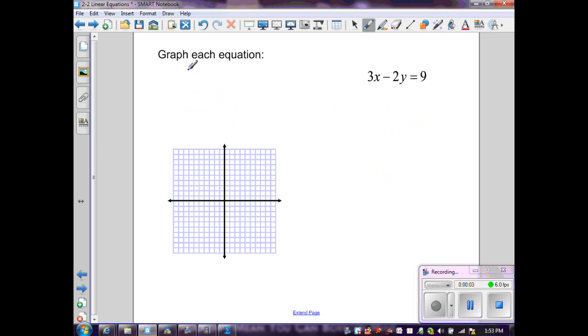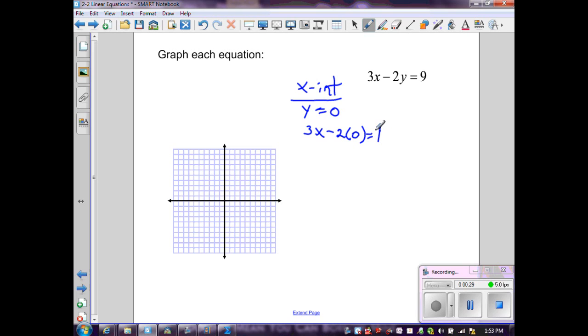Our next equation we want to graph is 3x minus 2y equals 9. I've already showed you how to use slope-intercept form. Let's try the x-y intercepts. So to find the x-intercept, I need to let y equal 0. Substituting, 3x minus 2 times 0 equals 9.